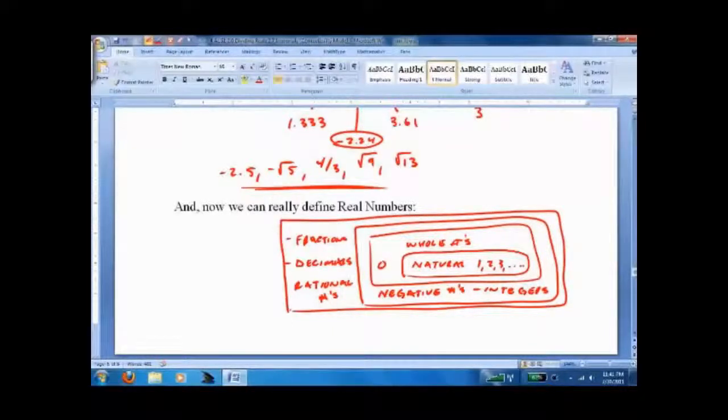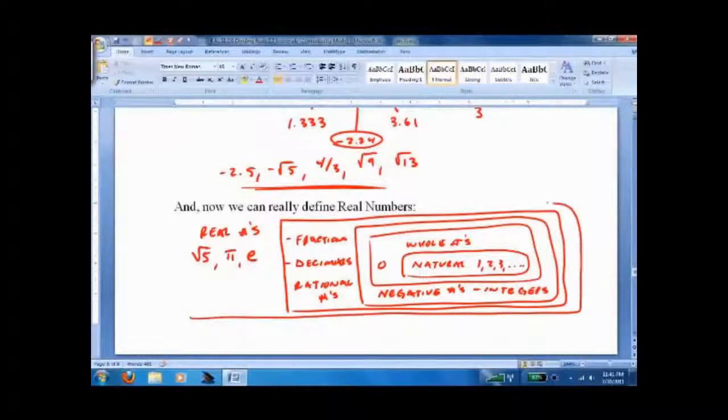And then we finally get real numbers. Real numbers are all of those plus irrational numbers. Things like the square root of 5, which goes on forever and ever and never ends, never repeats. Things like pi, e. These are all special numbers you'll learn more about later. And those are all the real numbers.